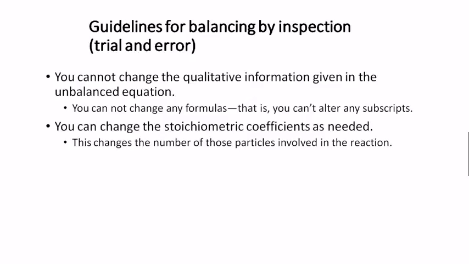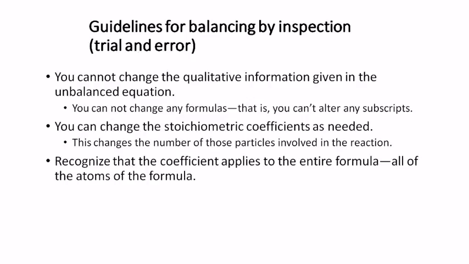Like you saw me do a minute ago, what you can do is monkey with the big number to the left of the reactant or product. That's called the stoichiometric coefficient, and you might need to change that a few times. Also remember, when you put that stoichiometric coefficient there, it applies to the whole compound, the whole enchilada.